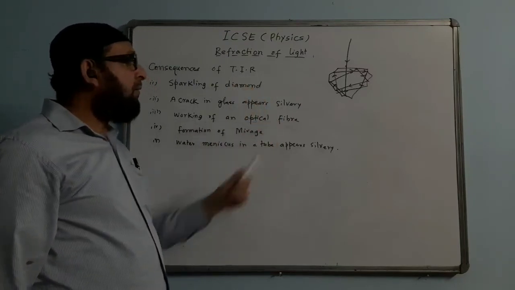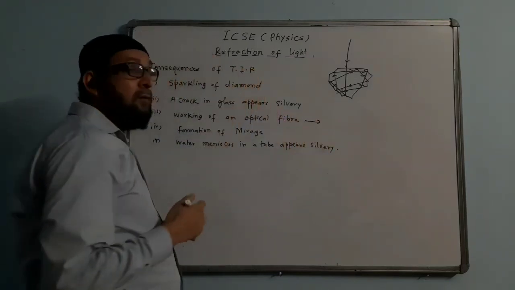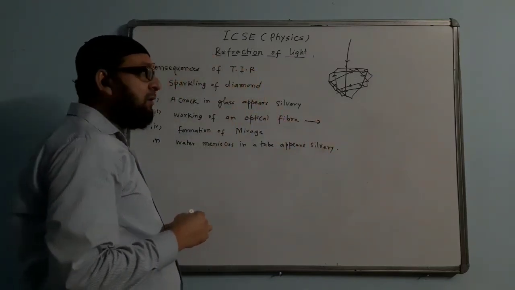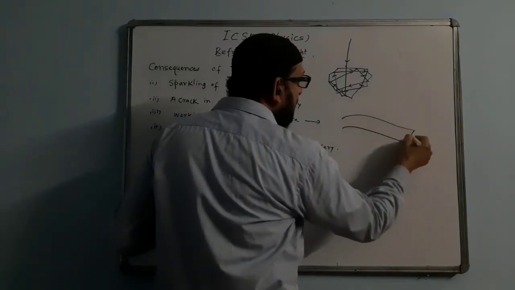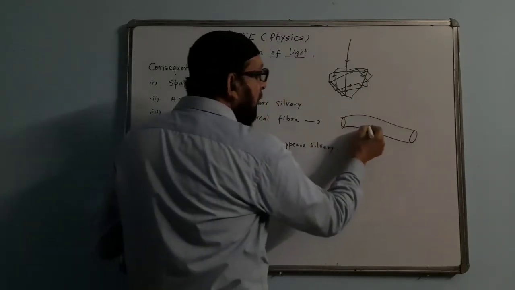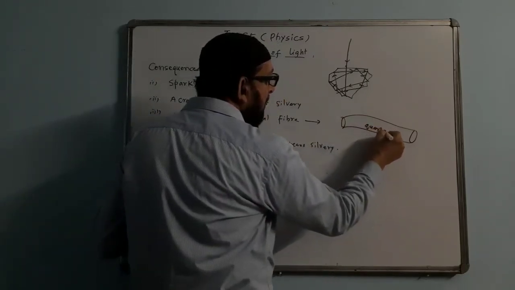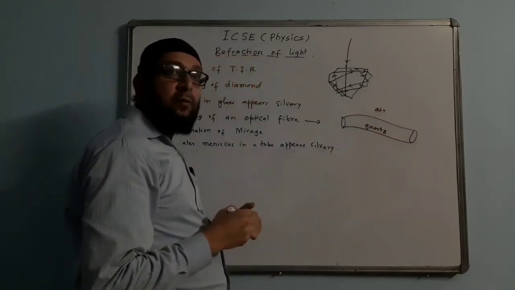Working of an optical fiber. This is an important one. Optical fiber works on the principle of TIR, total internal reflection. Optical fiber is a kind of pipe. This is also called a light pipe or optical pipe. Inside there is quartz and outside air is there. So the critical angle value for quartz is quite low.